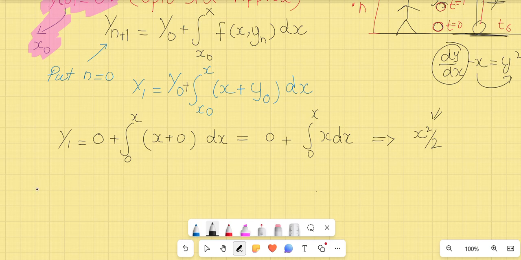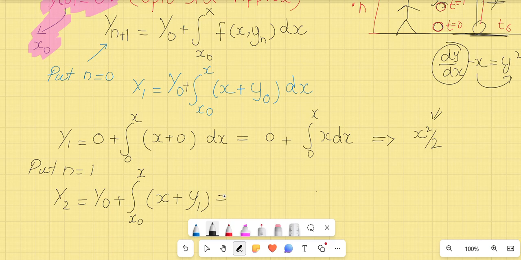Similarly, we need y2 now. So if we put n equal to 1, then we will get y2, and y2 will be equal to, let's just put it in here, y naught plus the integral from x naught to x, then in here we have x plus, we need to put this one equal to 1, so it will be y1.